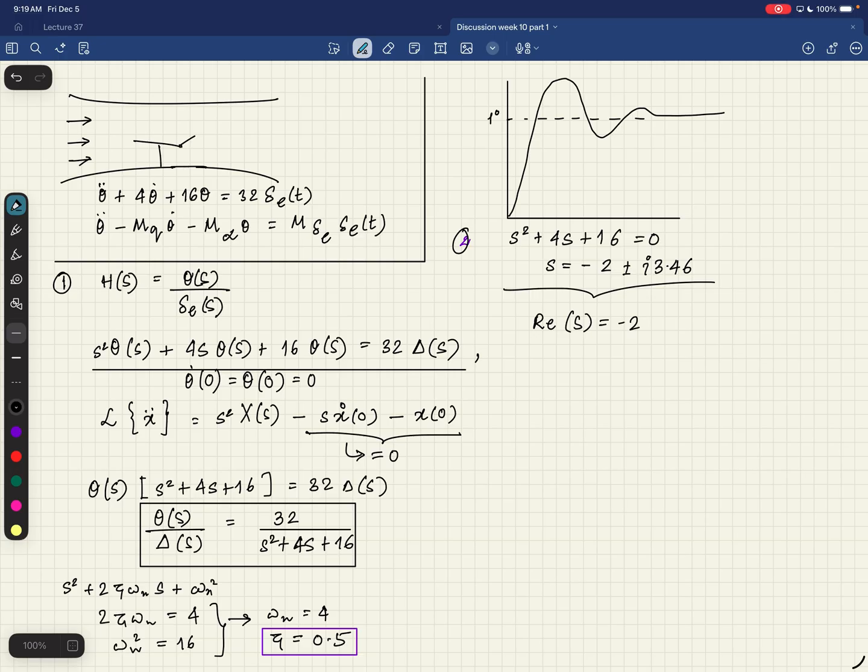Which means that this confirms, you did not need to go ahead and find out the poles of the system to guess this. We guessed the nature of the response before finding the poles, just based on zeta.